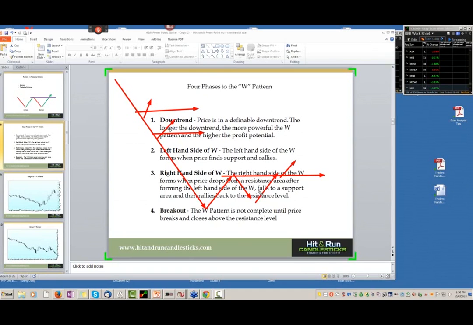Unfortunately, we've never been given a really good definition of what is low. What is low? Is this the low, or is this the low? For trading, a tradable bottom up here after we've broken out of that resistance.